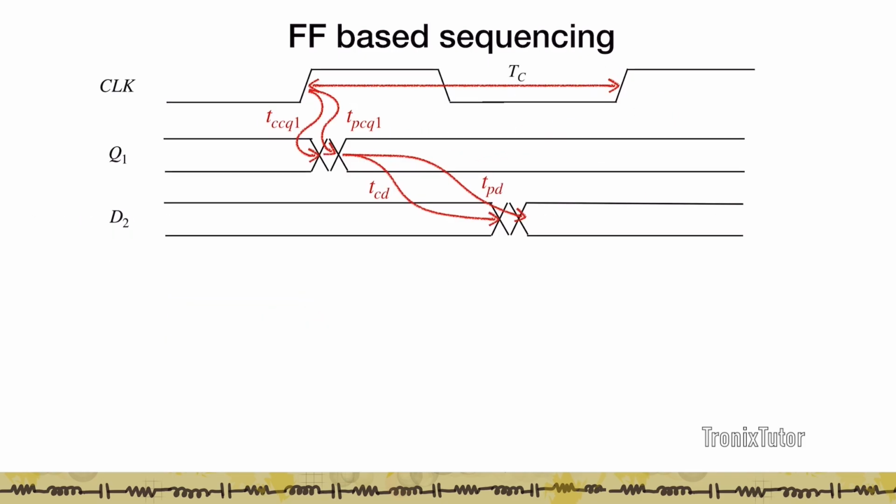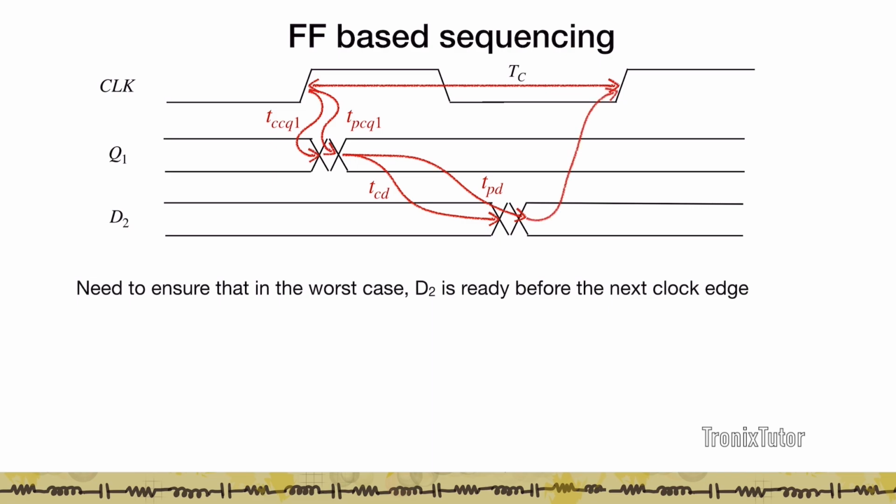Now, the time period of the clock is given as the time between the two subsequent edges of the clock. Now, what we need to ensure is that in the worst case, this D2 is ready for transmitting out of flip-flop 2, which means that D2 should be ready before this clock edge.